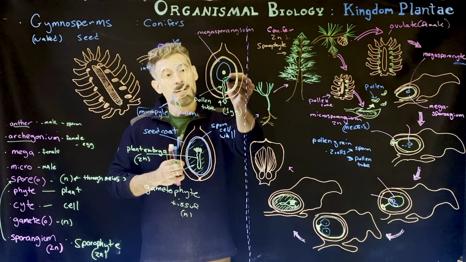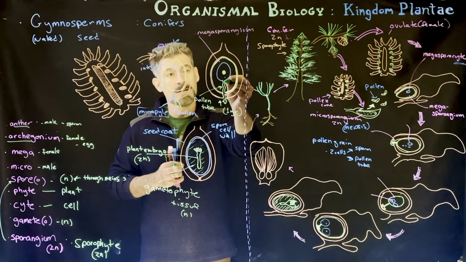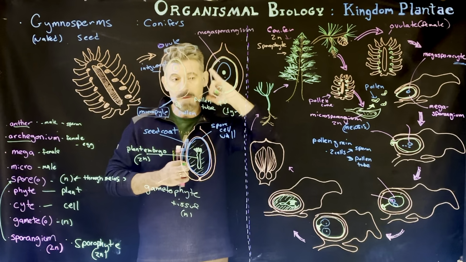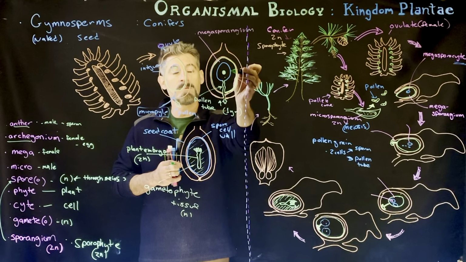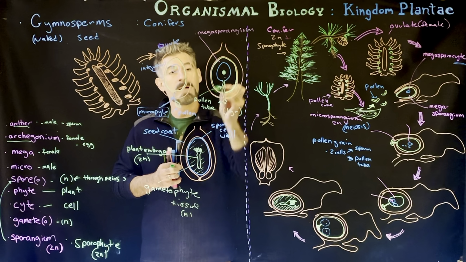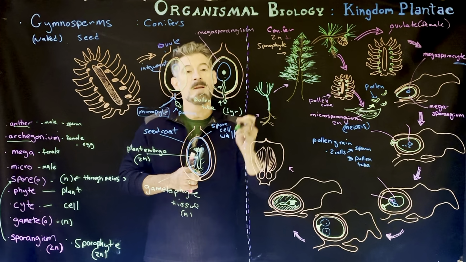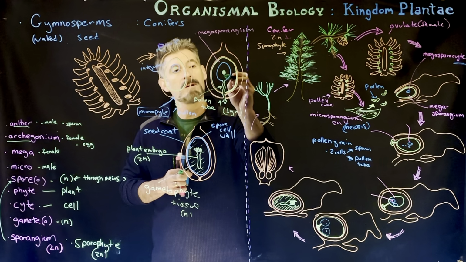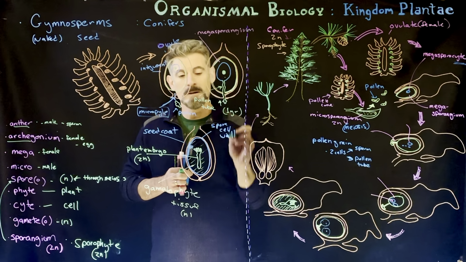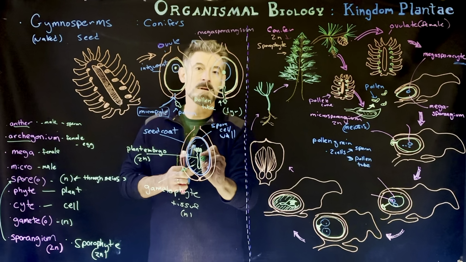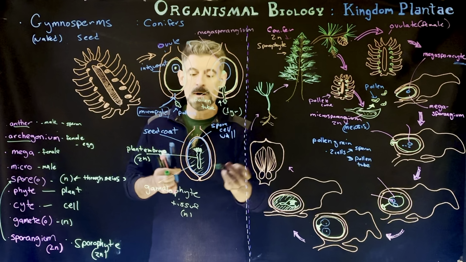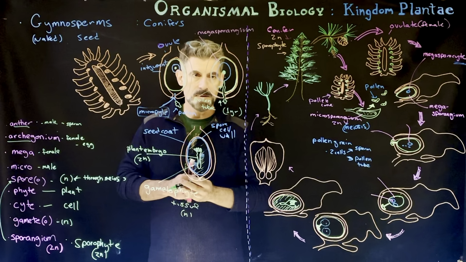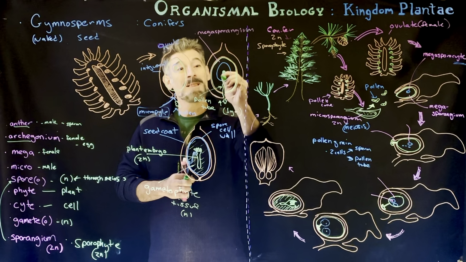Once that tube connects here with the coat that's around the unfertilized ova, then the nuclei from sperm will travel here and enter, and then fertilization can take place to produce the zygote, which will develop into the embryo through fertilization, or 2n.